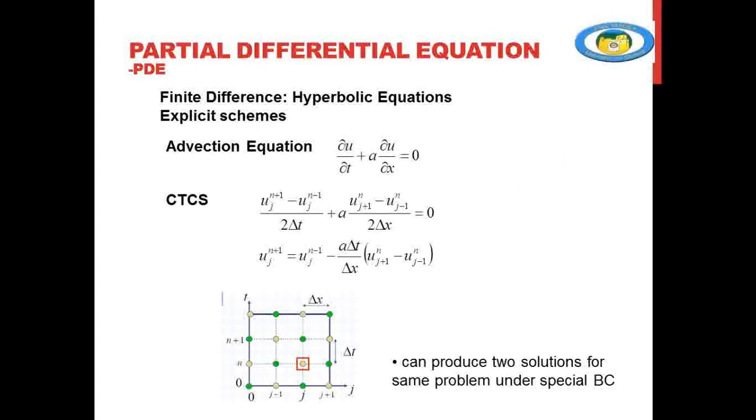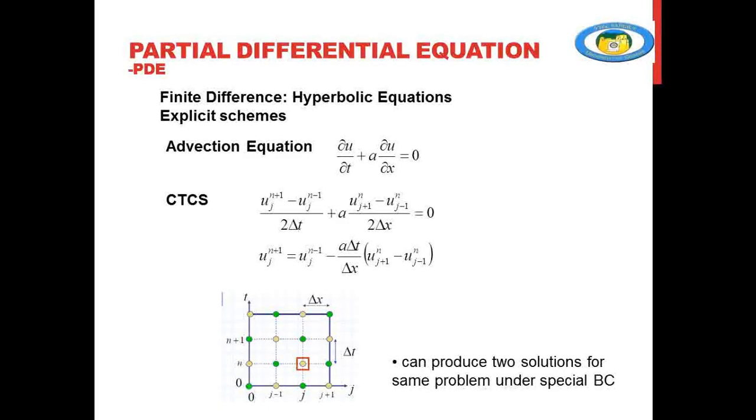So we call it the centered scheme, basically. Both the temporal derivative and spatial derivatives are expressed using center difference of the first derivatives. So you have u_j^(n+1) equal to u_j^(n-1) minus Courant number times (u_(j+1)^n minus u_(j-1)^n).